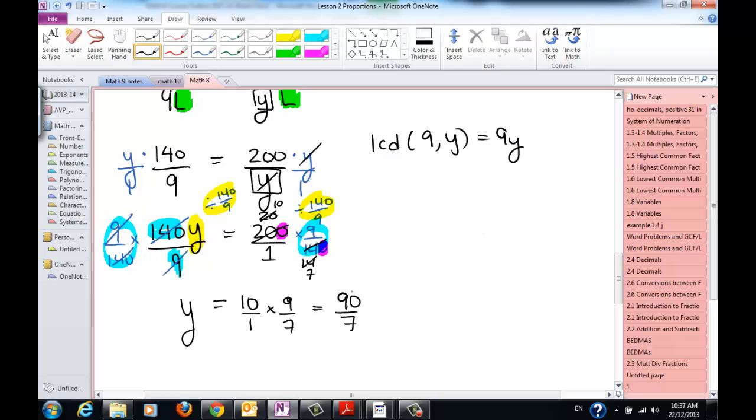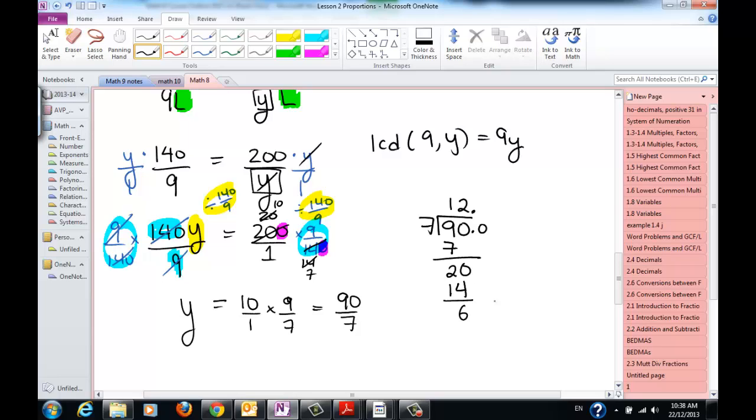And in this case I do actually want to put it into decimals because I want to know how many liters it actually took me to drive. And it's pretty hard to see how many liters that is, 90 over 7. So I'm just going to do long division, and it's 90 divided by 7. 7 goes into 9 one time, and I'm left with 2, and I pull down the 0, and that can go in twice, and I get 14 and 6.